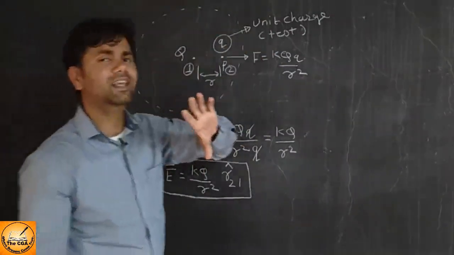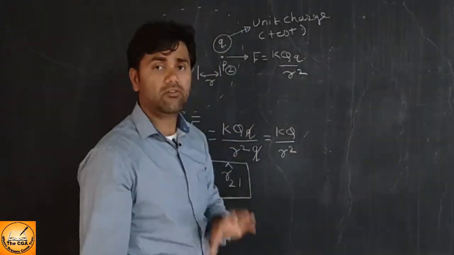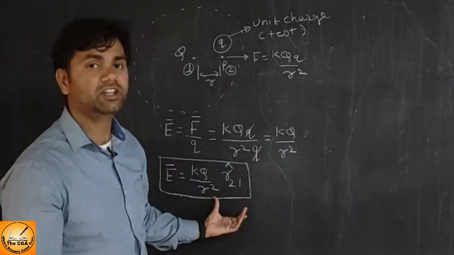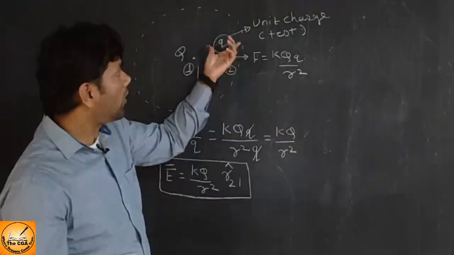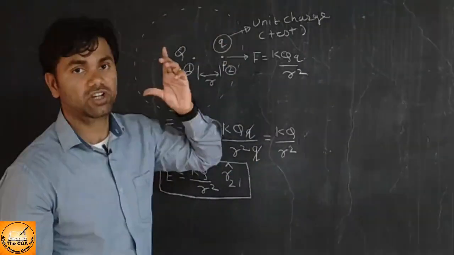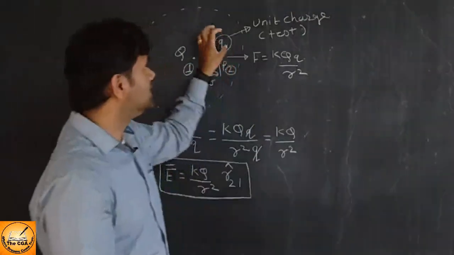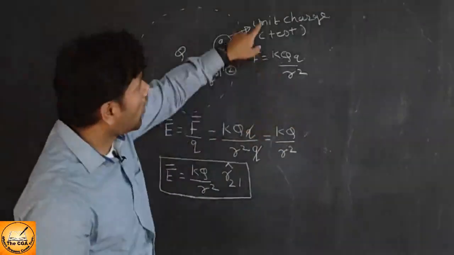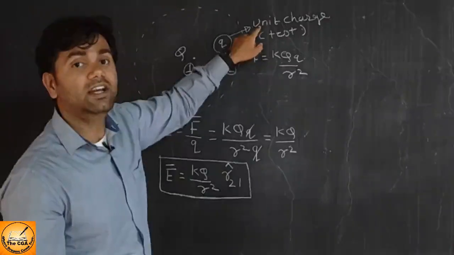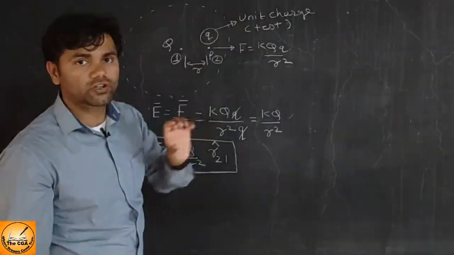Whenever we are talking about the electric field and we want to find out its direction or its magnitude, we are going to consider the test charge. And keep in mind, this test charge we will always consider of unit magnitude, and it will always be a positive charge.